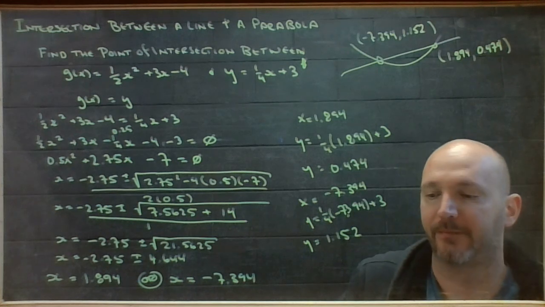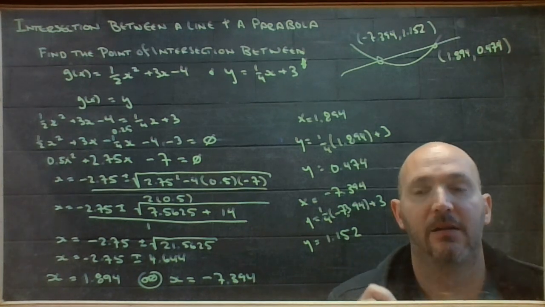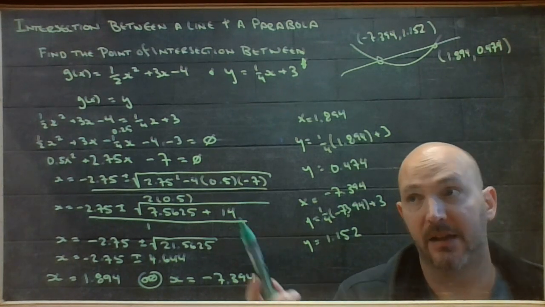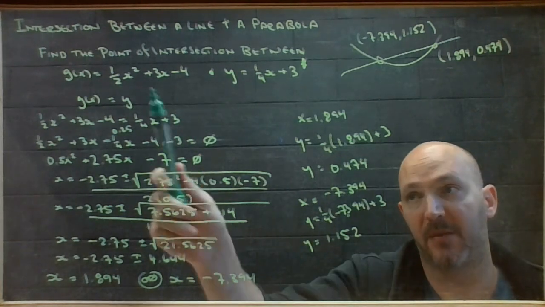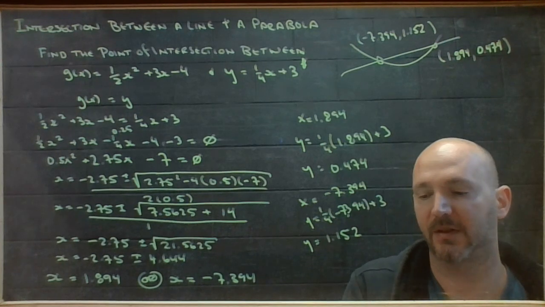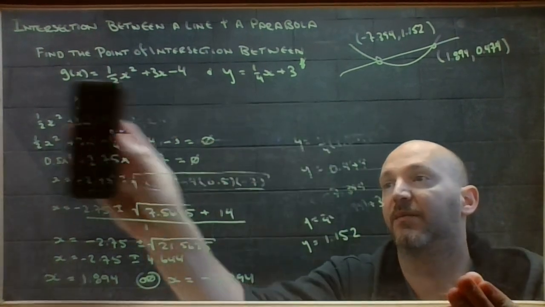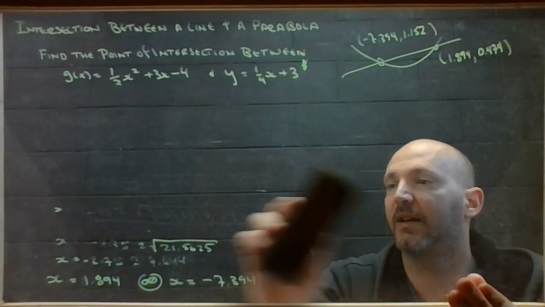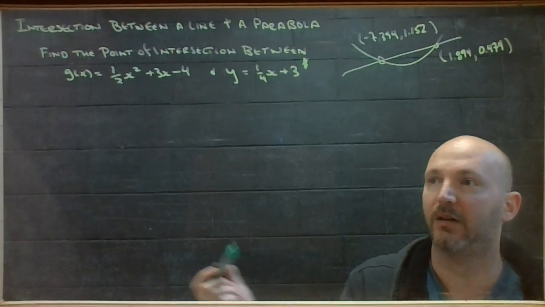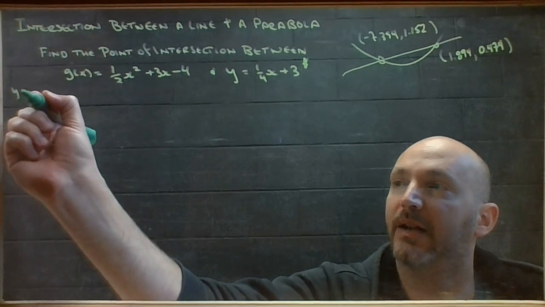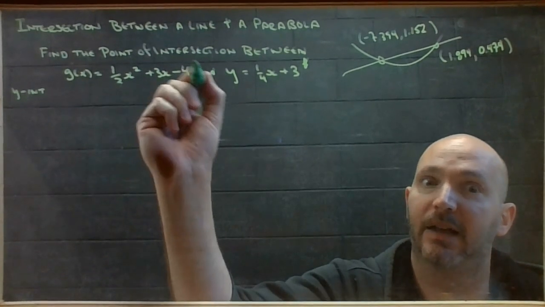Okay, so it's time to sketch this thing. So I'm going to need to figure out the vertex, the x-intercepts, and the y-intercept of my parabola so I can sketch it. So I'm going to clear this off so we have some space to do that. So I can see that the y-intercept happens at negative 4.